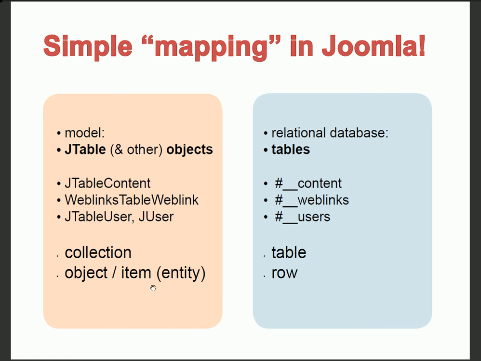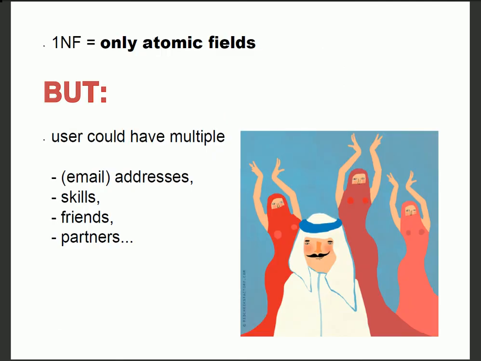All the fields in such a row are normally atomic fields in a relational database, which means only one value is stored in such a field. That's the first normal form. You remember, only atomic fields.